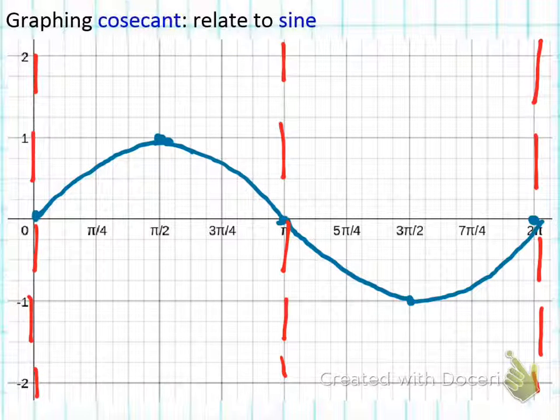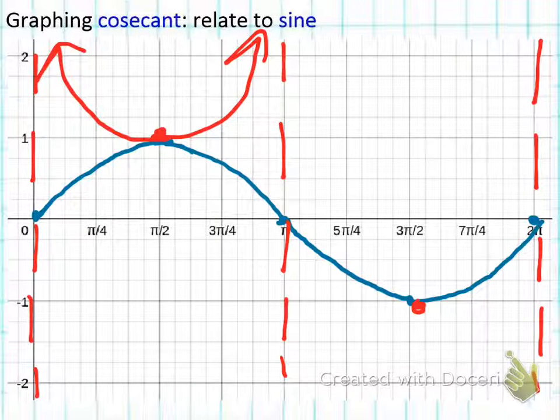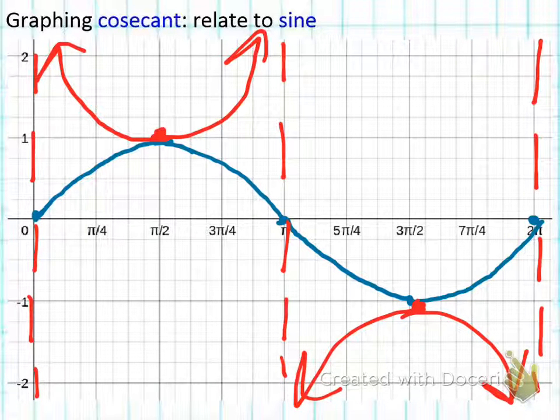Then I'm going to plot the points that cosecant has in common with sine, and then go in the opposite direction. So this curve opens up, and then the curve on this side will open down. They go on forever as you get closer to pi.